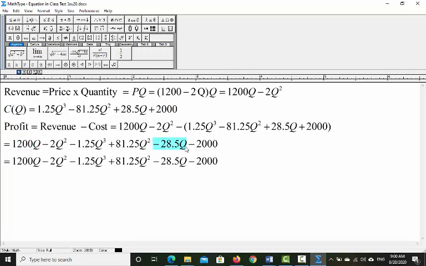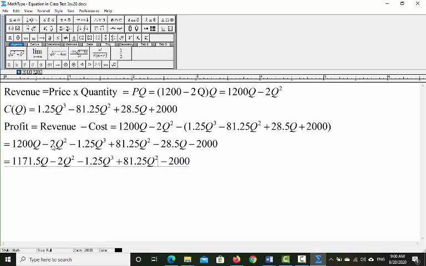From 1200 we will deduct 28.5, so 1200 minus 28.5, what will we get? We will get 1171.5Q. So this will no longer be there because we have already dealt with it.